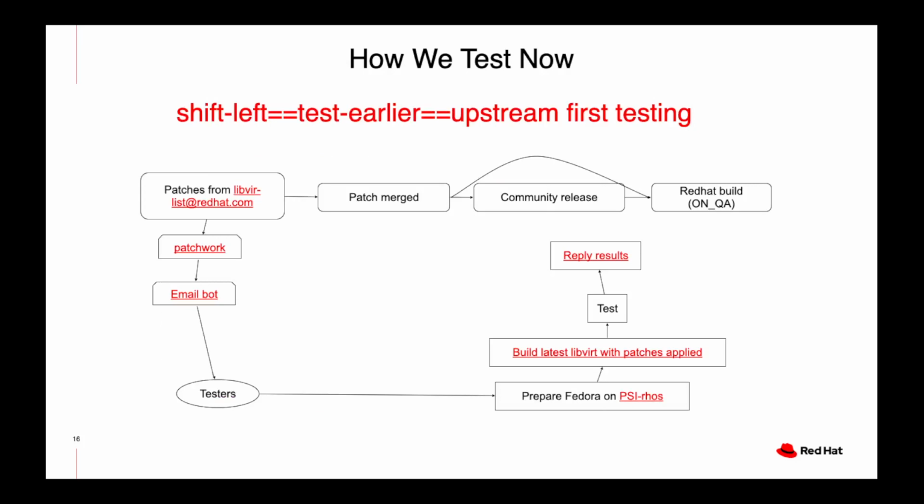After we recognized the value of shift left test practice, we changed that. So how do we test now? In Libvirt QE, we recognize shift left testing as equal to upstream first testing.